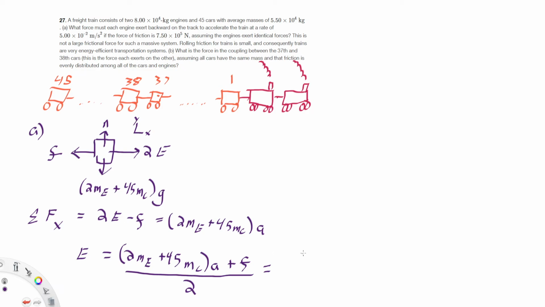The acceleration is 0.05. The mass of the engines is 8 times 10 to the 4, so 2 of those gives 1.6 times 10 to the 5.